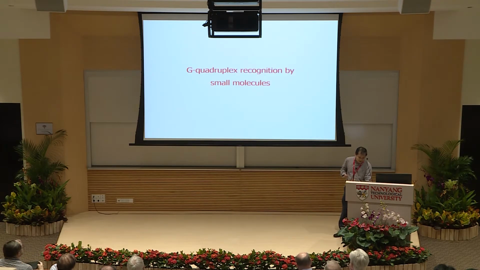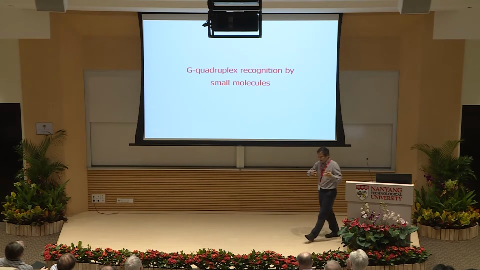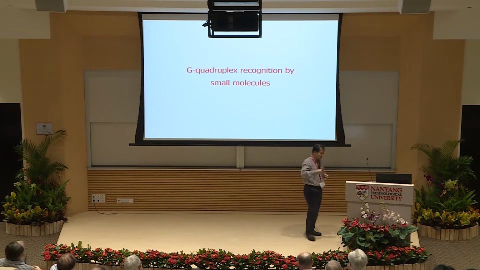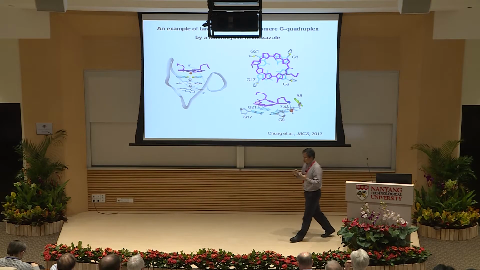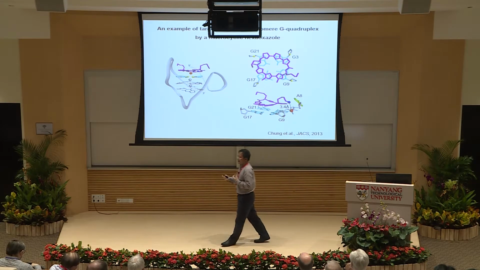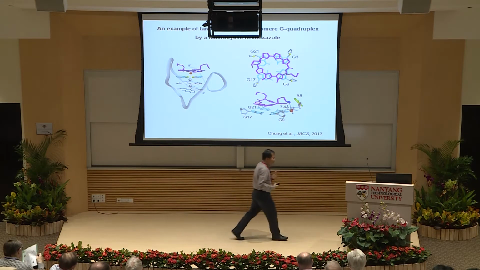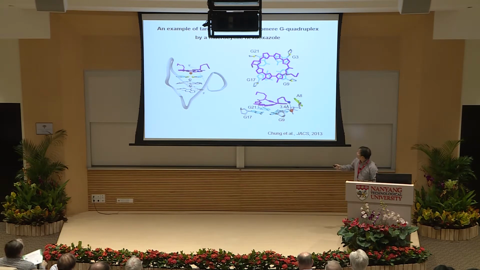First, about small molecules. Chemists have screened many thousands of compounds, and some of them have been found to be very potent in stabilizing quadruplex or having biological activity. Here, one of them is a derivative of a compound called telomestatin.